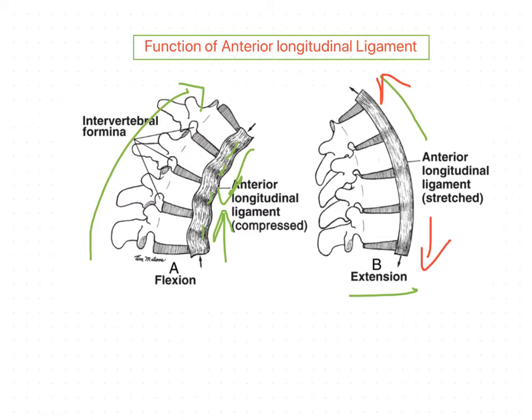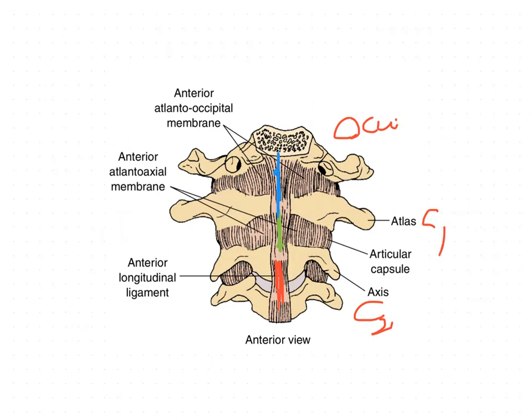What happens if the anterior longitudinal ligament stretches? That means it is going to limit the extension of the spine. Not only from L5-S1 to C2, but also in the higher cervical region, in extension from C2 to the occiput, it limits the extension.